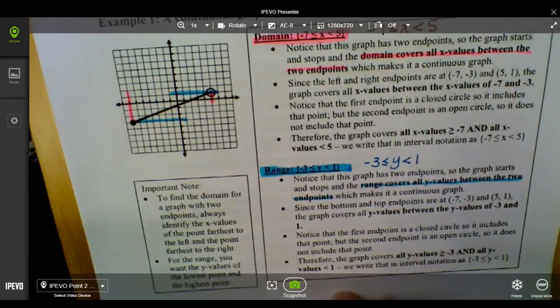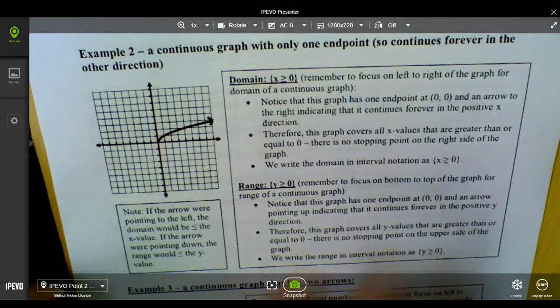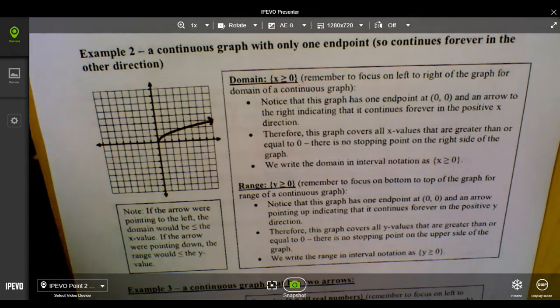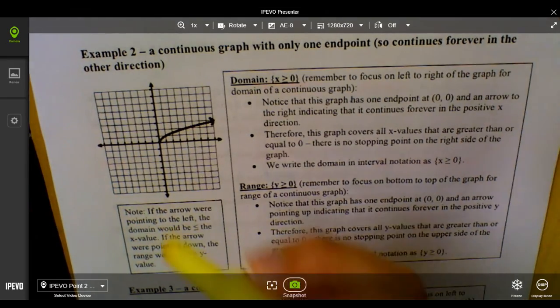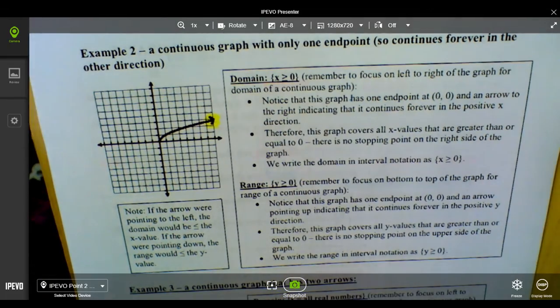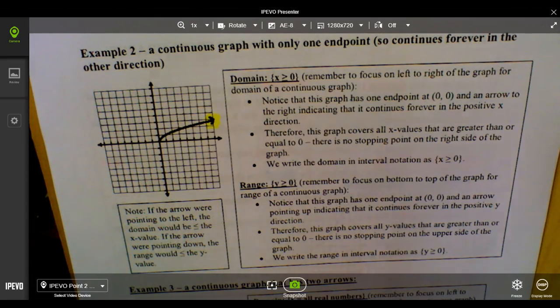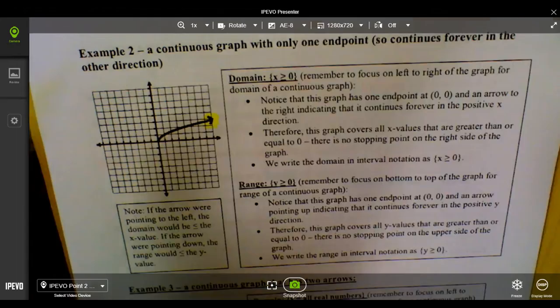Okay, I'm going to go on to the next one. Notice over here, whenever your graph is going on forever in one direction, like if you have this arrow that's making it go on forever to infinity in one direction, that's where you're only going to have one inequality.